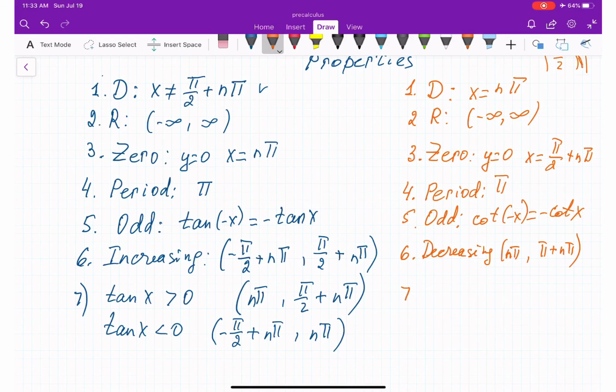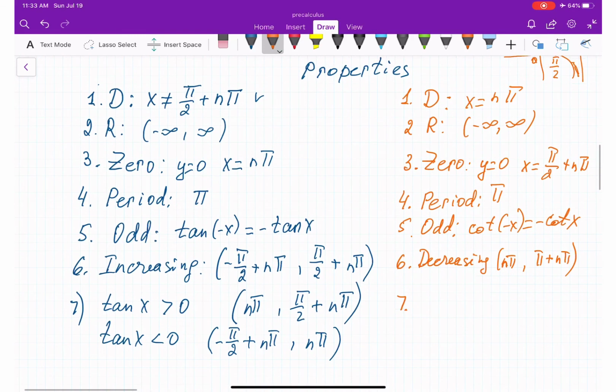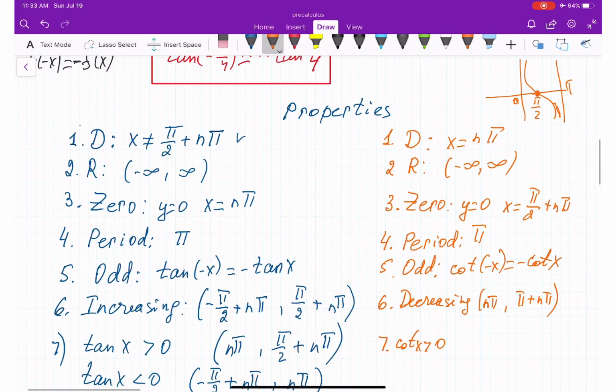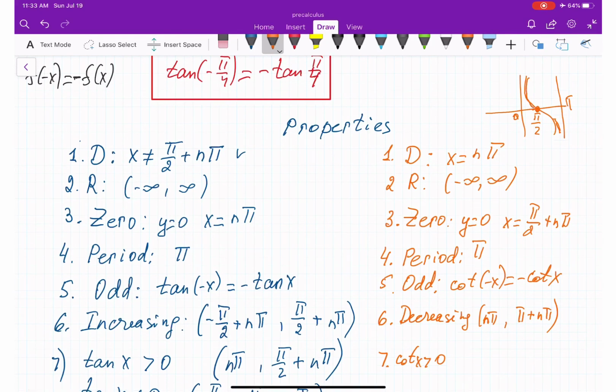Number 7 is where it's positive, where it's negative. So cotangent x greater than 0. When did we say it's positive? This piece, right? Remember? From 0 to half a pi, because it's above the graph. So it's going to be from 0, then I don't put 0, half a pi, so plus n pi. Here also will be just the n pi.